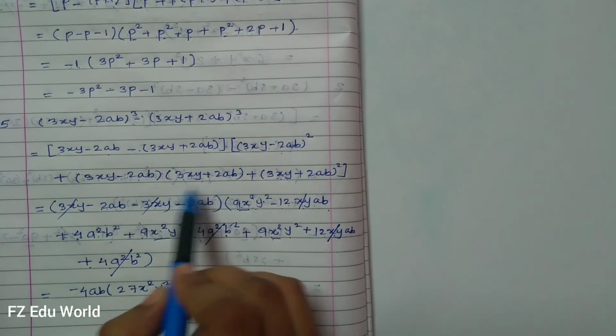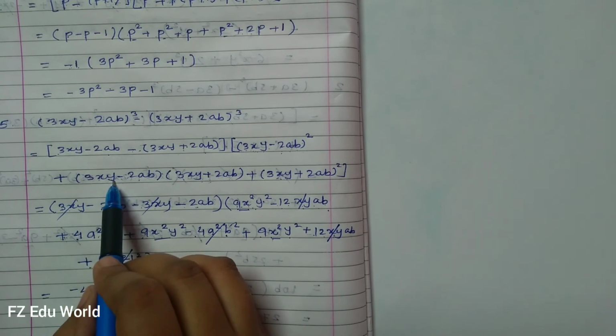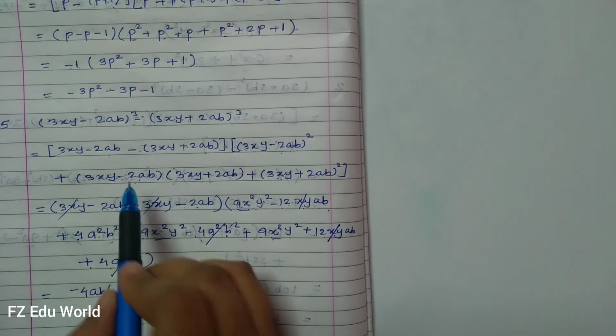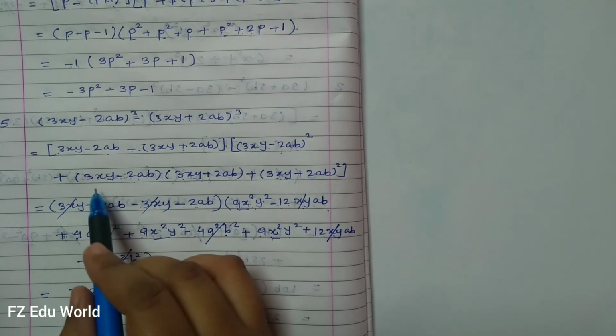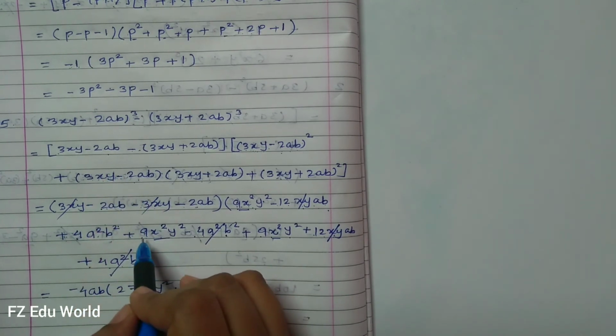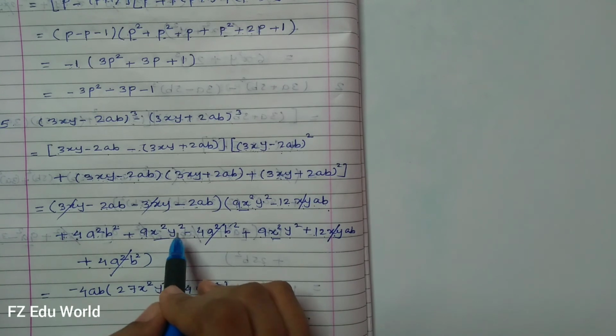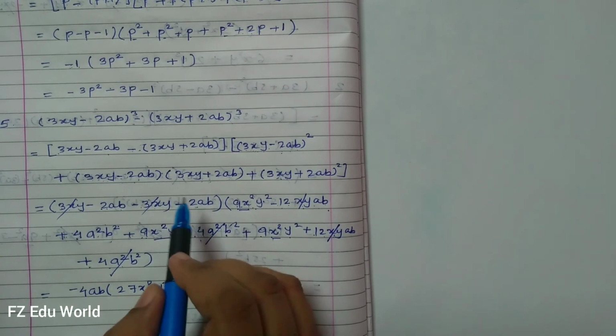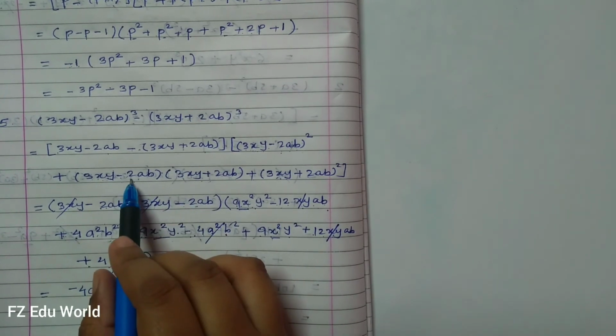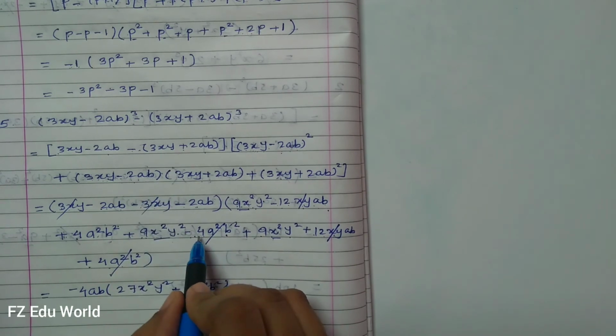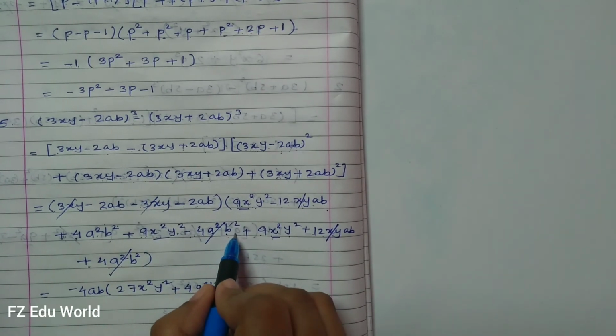Now instead of this we will write 3xy bracket square minus 2ab bracket square, that is equal to 9x square y square minus 4a square b square.